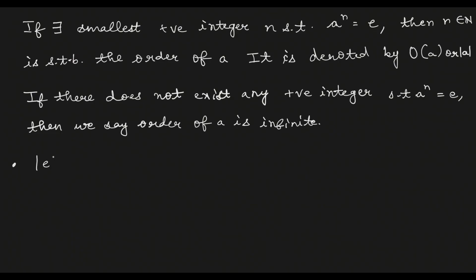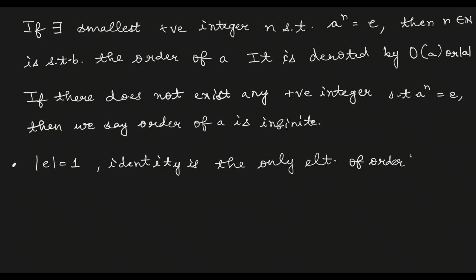Order of identity element will be 1. Identity is the only element of order 1. Second thing, if a group is finite, then the order of every element is finite.